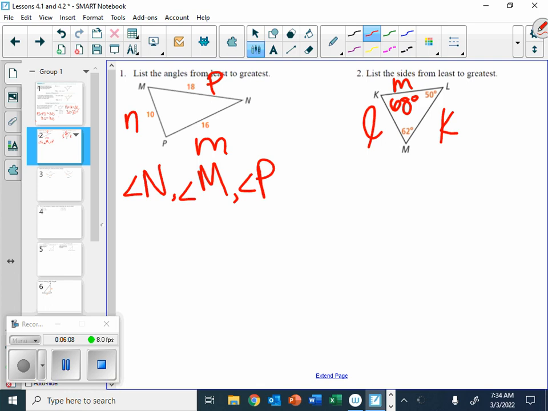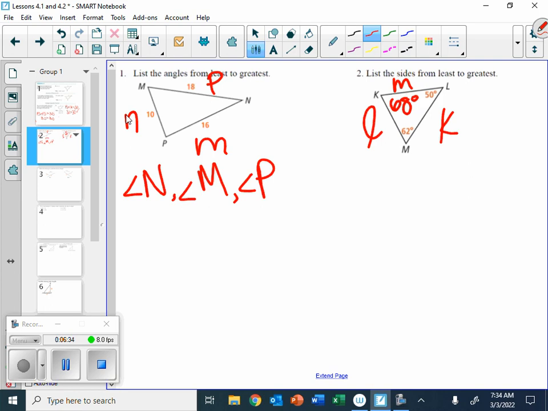Okay? So now from here, we're given the angles, we need to list the sides from least to greatest. And just like with the other problem, the smallest angle is going to correspond with the smallest side. Okay? So which side, K, L, or M, is smallest? Which angle is smallest?